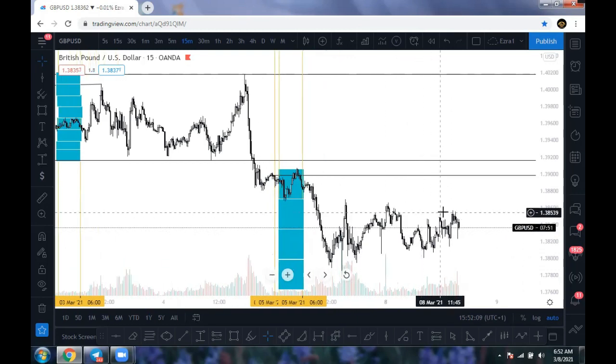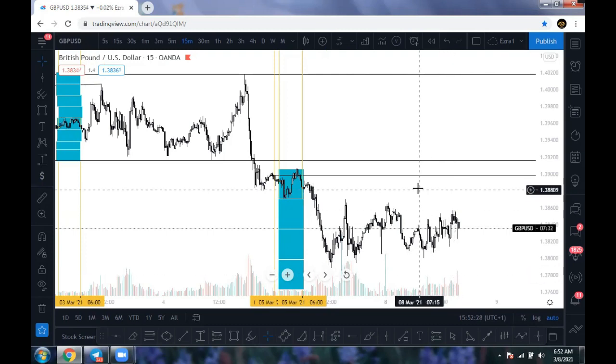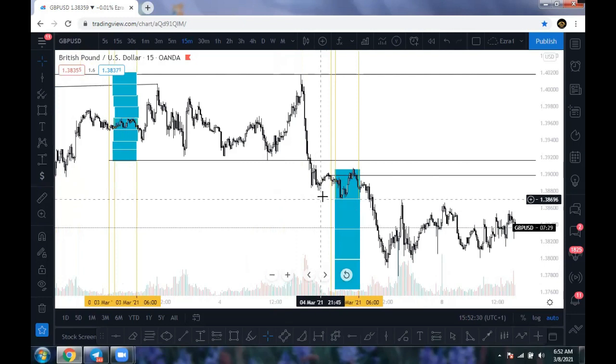But we are still on a down structure. We are still in a downtrend around this area. So that is what we call the Asian range.